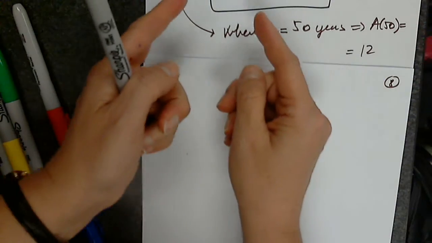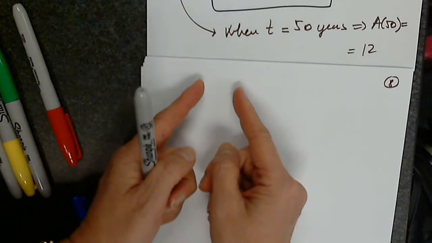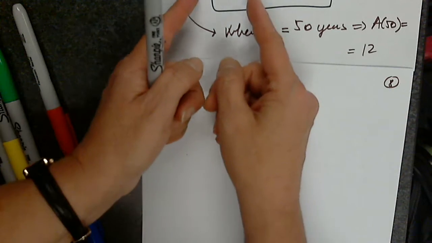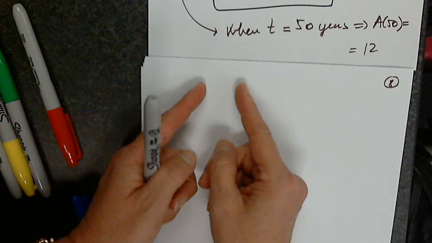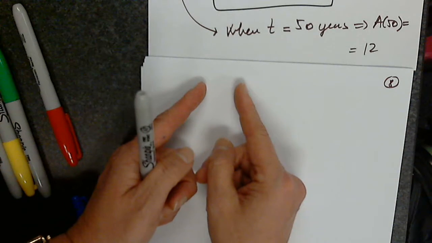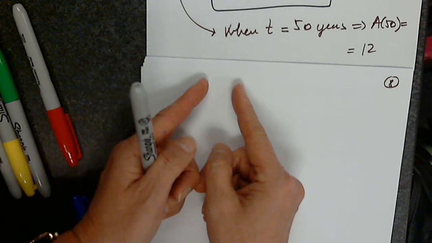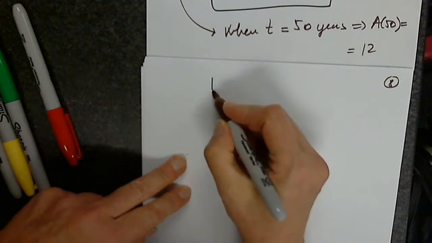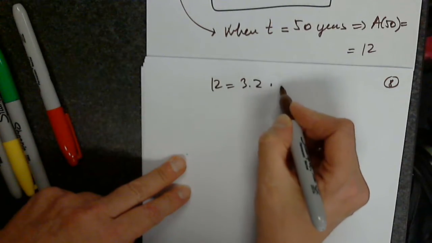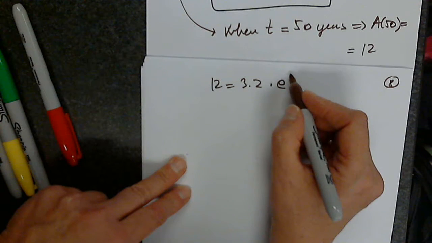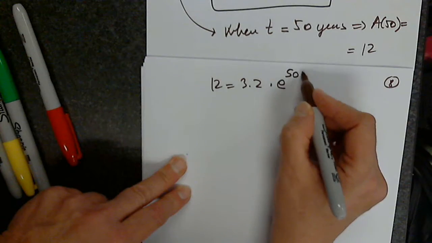So A of t is 12 equals 3.2 times e to what? 50k.